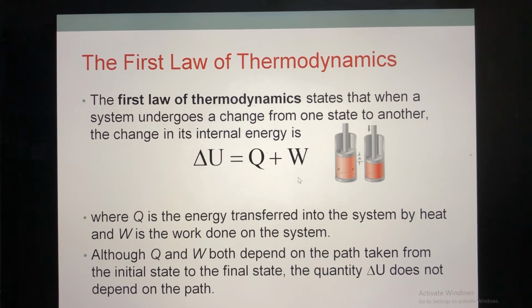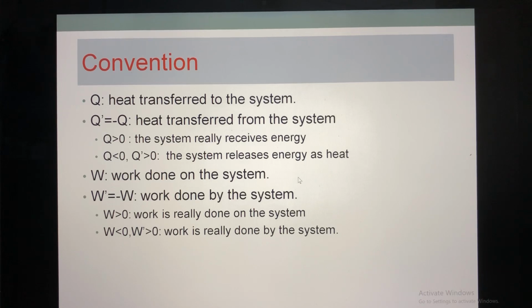Now we quickly move to the work. But before moving to the work, we have some conventions here. So remember, when we write Q here, it is the heat transferred to the system. That means in this case, the system receives the energy. If the system receives energy, we usually consider Q greater than 0.